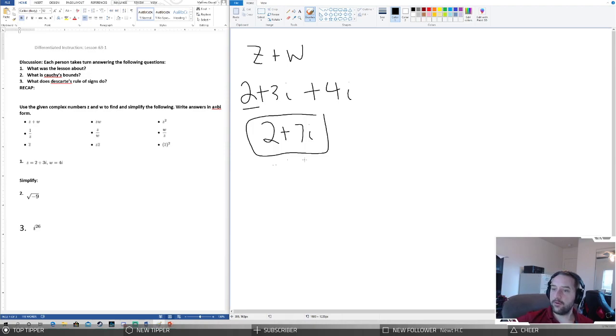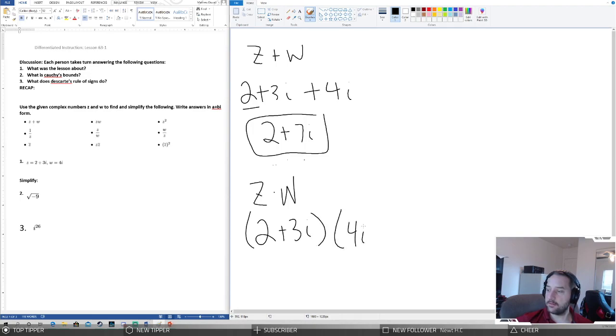So the second bullet point, we're multiplying z times w. So 2 plus 3i times 4i. And so we're going to multiply those together. So that gives me 8i. And then the next one is going to be plus 12i squared.